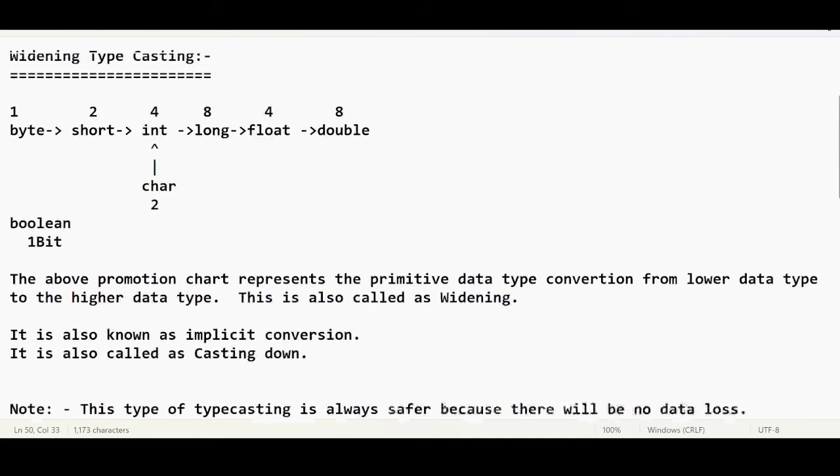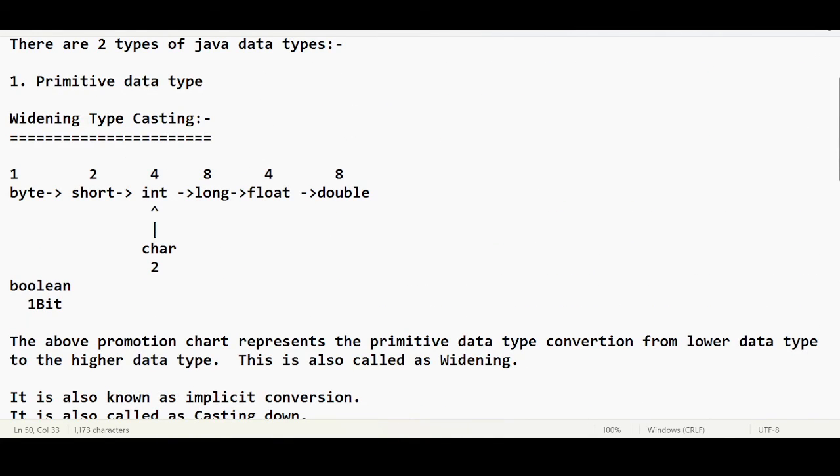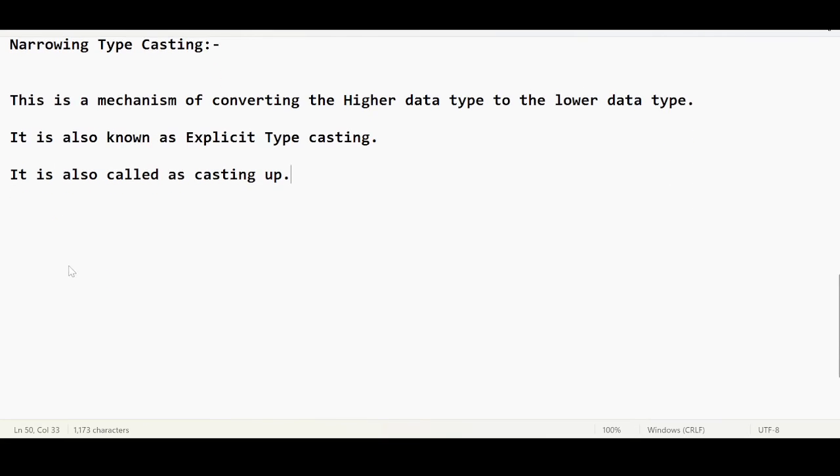Example: same thing, we will do it in reverse order. Double gets depromoted to float, and float gets depromoted to long. Long gets depromoted to int, then short, and we have byte.